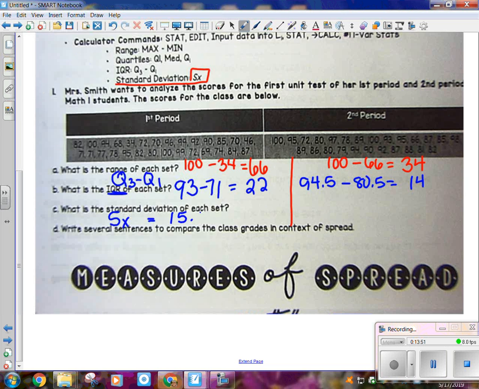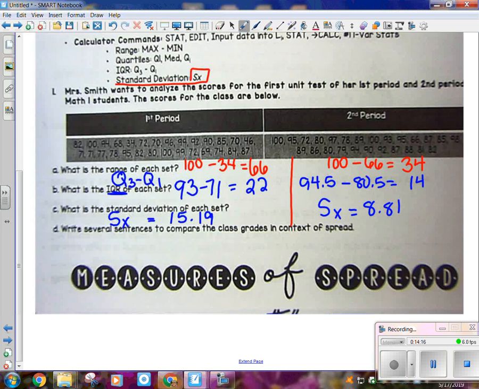That's the Sx. All right. What is the standard deviation for second period? 8.81. It was 8.808. Okay, that's fine. Did you guys confirm those? I kind of want to make sure everybody has a chance to put hands on their calculator. Are you seeing those same numbers?